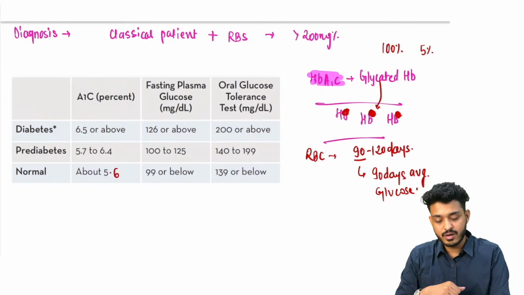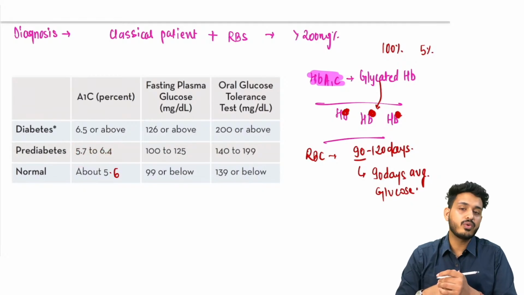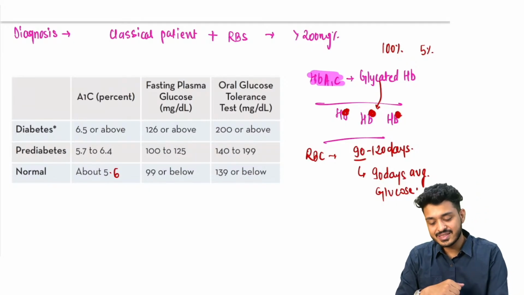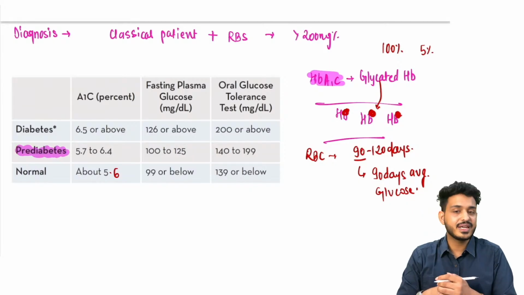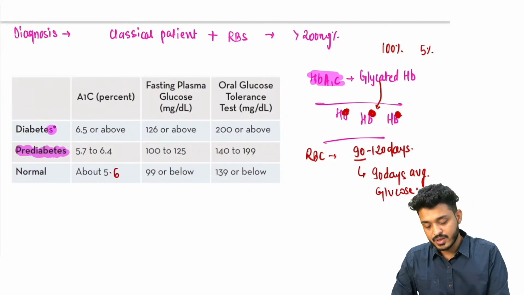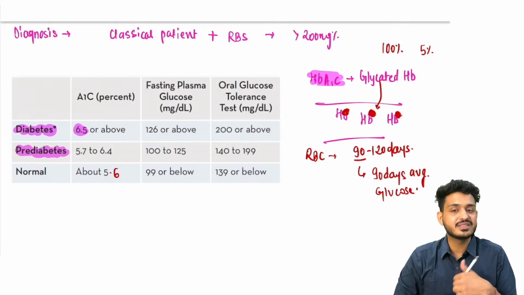If your body is having 5.7 to 6.4% of hemoglobin glycated, that means this patient is a pre-diabetic patient. If a person is having more than 6.5% of HbA1c, this is definitely going to be a diabetic person, right?